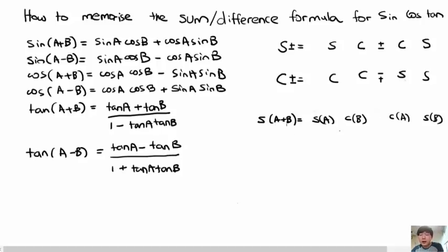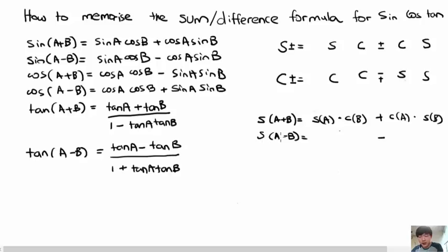So sine of A plus B is sine of A times cos of B, and then it's plus. Do you know why? Because for sine, if it's plus, then it's plus. There's only one plus sign. Everything else is just a multiplication. Sine of A minus B is the same thing, except that there's a minus sign here.